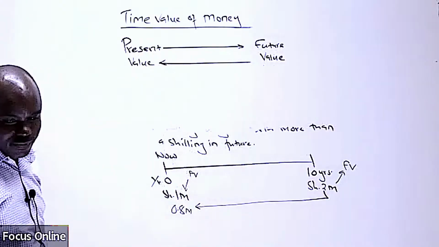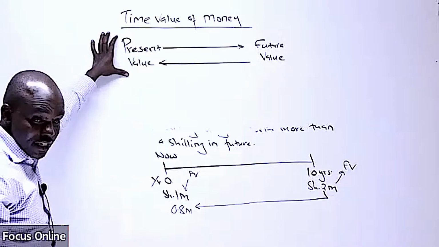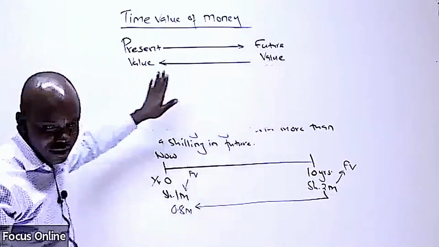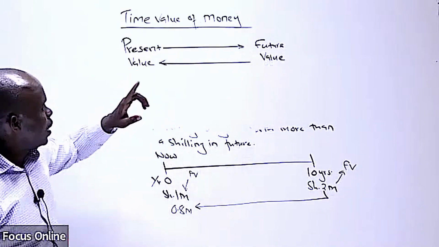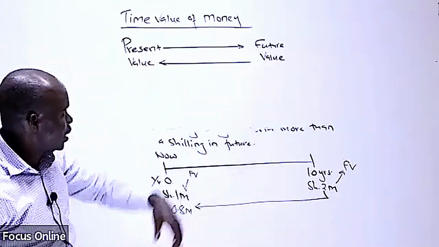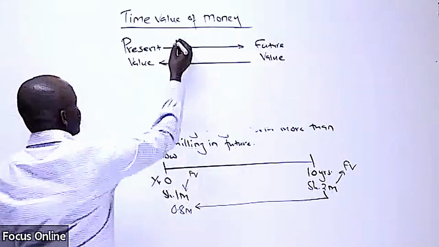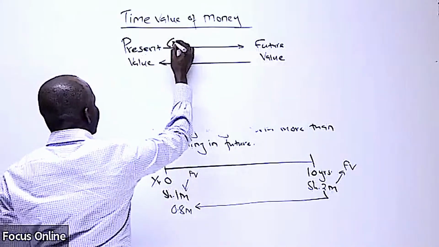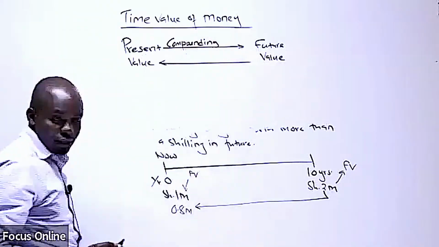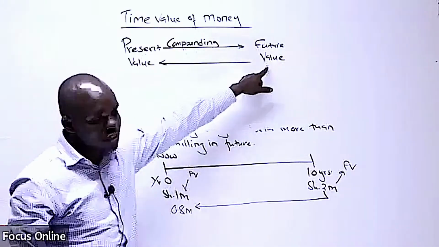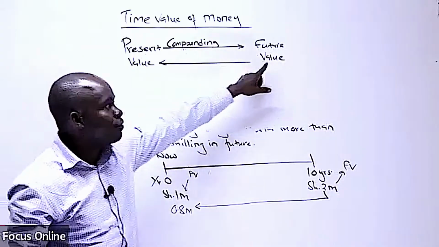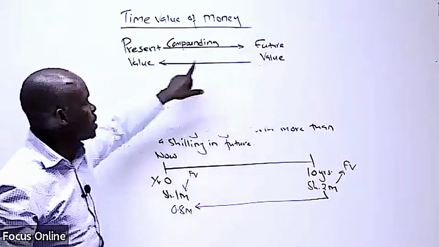So you can work from present value terms to future value, or you can work from future value to present value. When we are going from present value to future value, we call it compounding. This one you must have done in mathematics. Compounding is the determination of a future value from a present value.